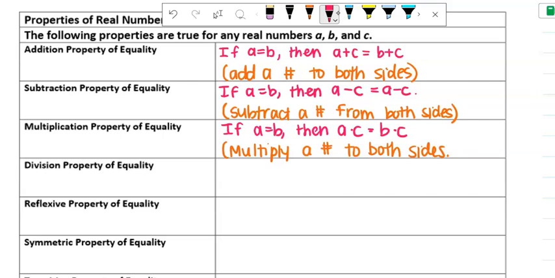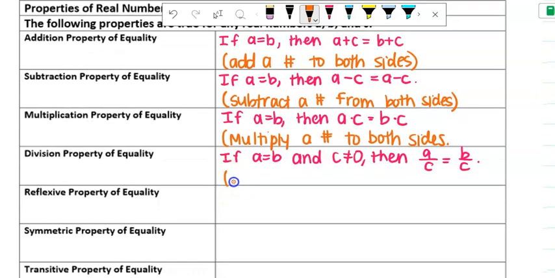And last but not least, division. But division has a slightly extra part here. So if A equals B, and C does not equal 0, then A divided by C equals B divided by C. We have to have that little extra part so that, remember, we can't divide by 0.